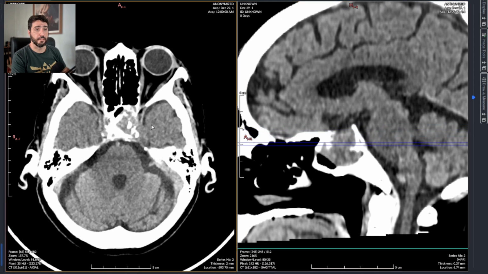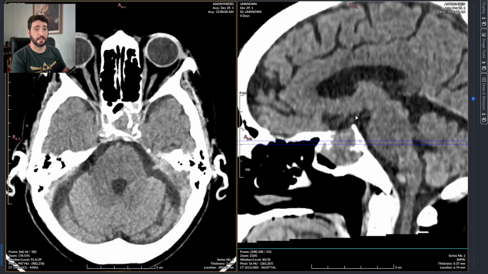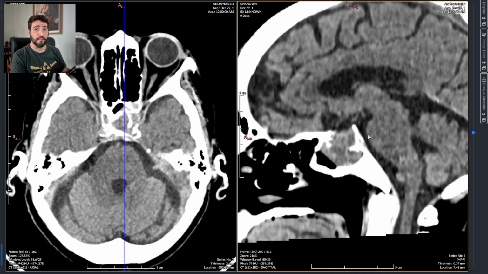So we are here at the sellar region, as you can see here, and as a reference right here, as we can see, we have here the hypophysis cavity, the sella, and here is the sphenoid body with the sphenoid cavity, the sinus itself.